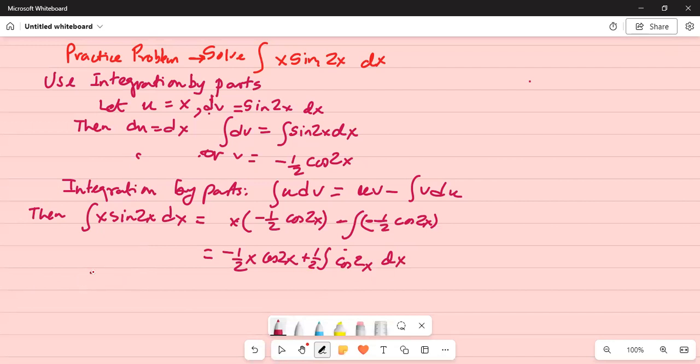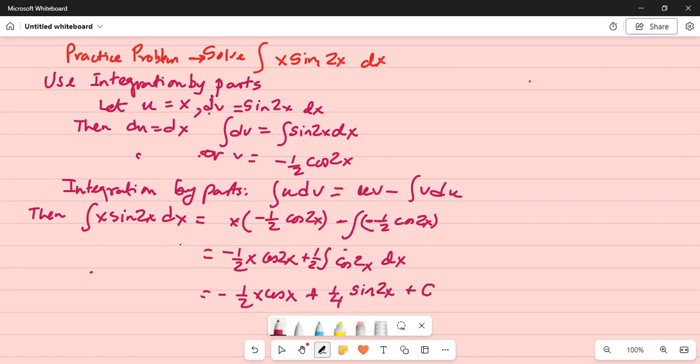So now we have the final answer as minus half x cosine 2x plus, because it's cosine 2x, and the integration of cosine x is sine x. Because of 2x, the 2 will come in the denominator. 2 times 2 is 4, so 1/4 sine 2x, plus an integration constant c.